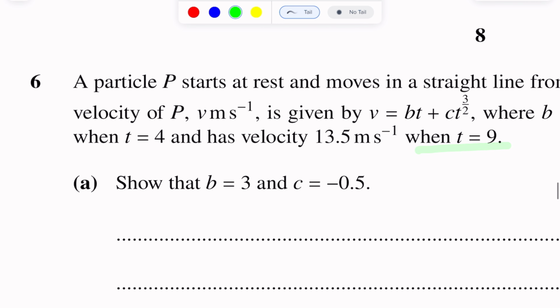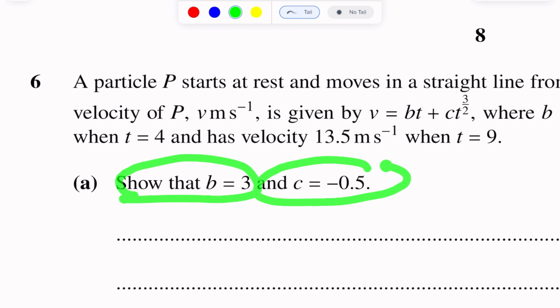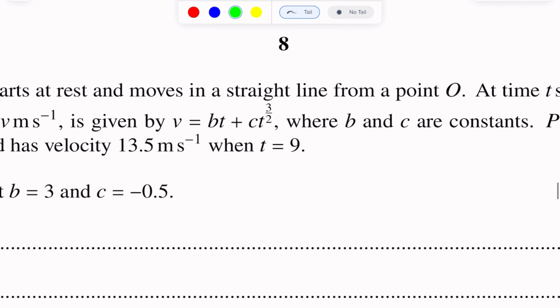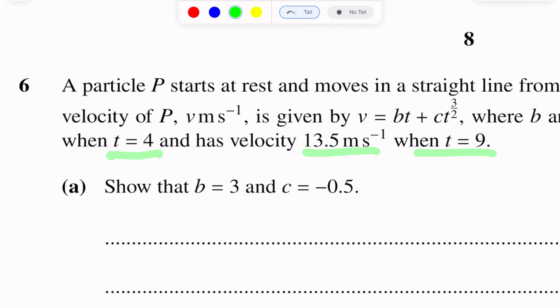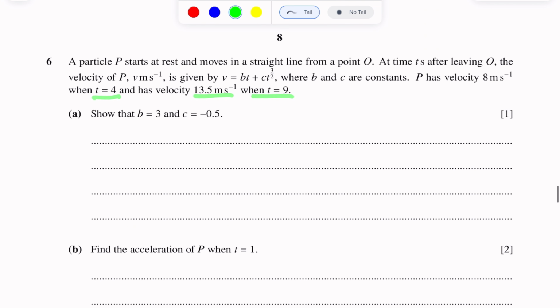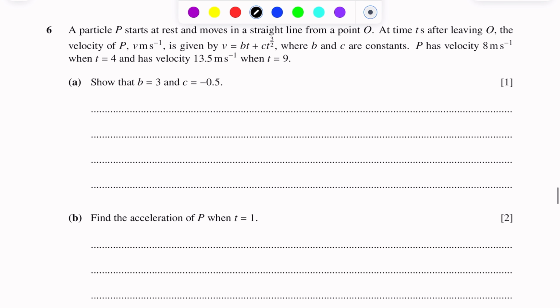Part A of this question: show that B is equal to 3 and C is equal to negative 0.5. We have to find the values of these constants B and C by using these conditions. This is the relation between v and t: v = Bt + Ct^(3/2).